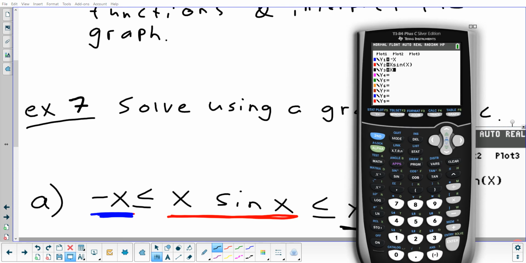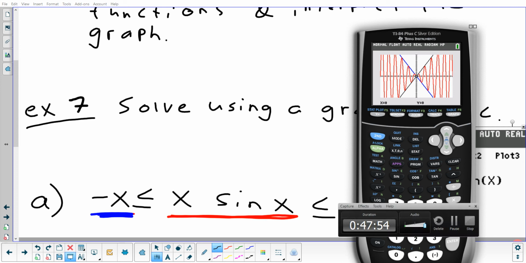All right. I'm going to do zoom 7 on this one. That's a trig zoom. There's the start of my X shape. Let me zoom out more. So notice that graph in the middle, x sine x, that's what we call a variable vertical stretch.